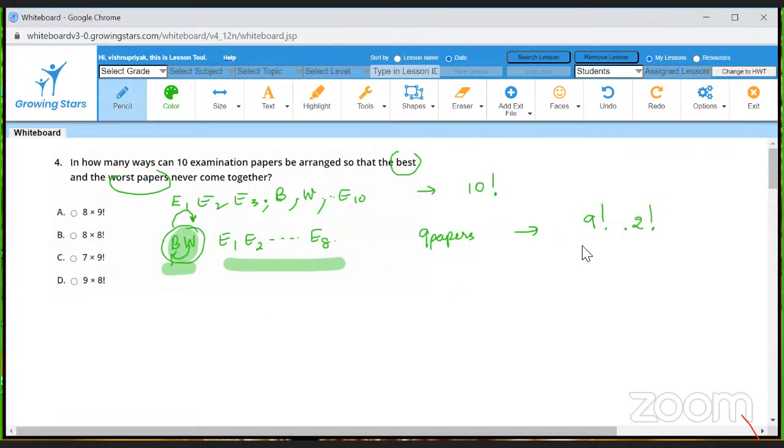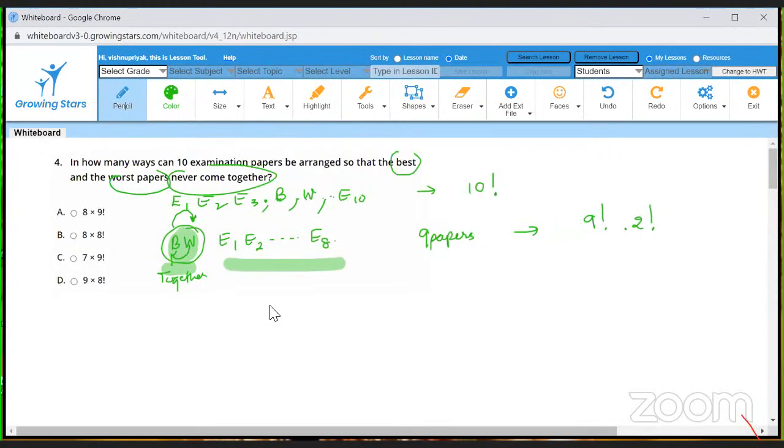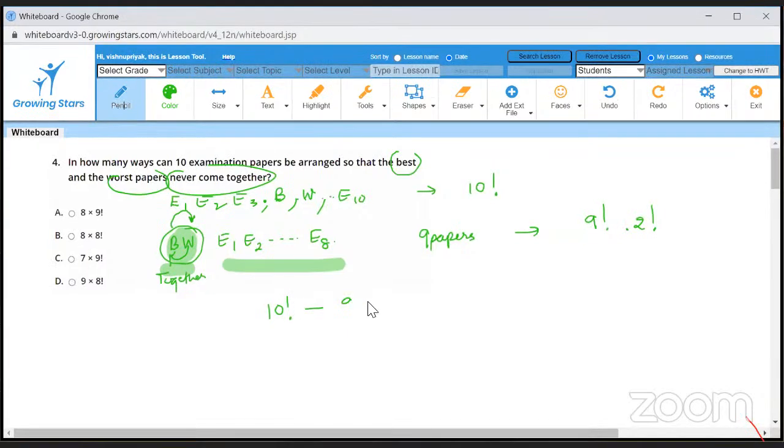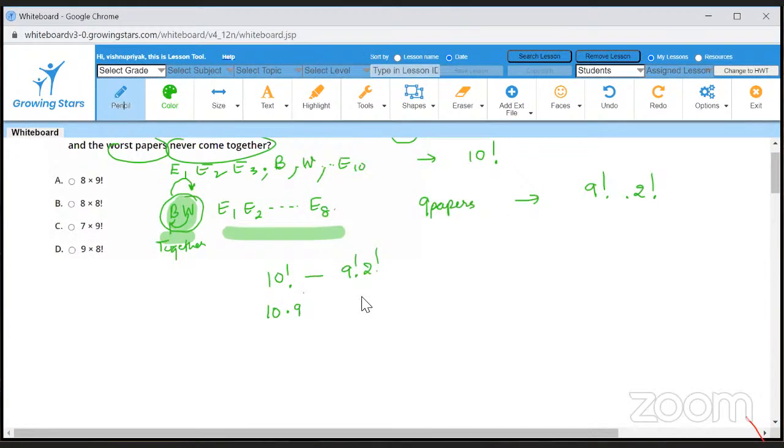So this is best and worst together. But they are asking never together. So from total, you have to subtract together. But this option is not given there. So what I will do is, I will take 10 factorial as 10 into 9 factorial minus 9 factorial into 2 factorial.